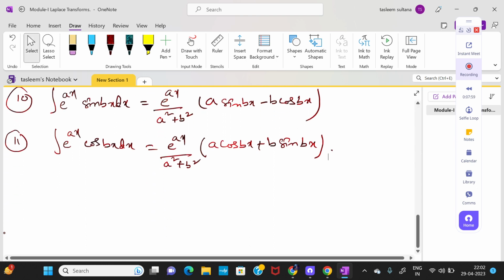And one more definition, the gamma definition, also take. Because for gamma we have some standard values.